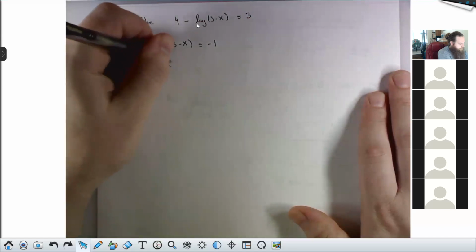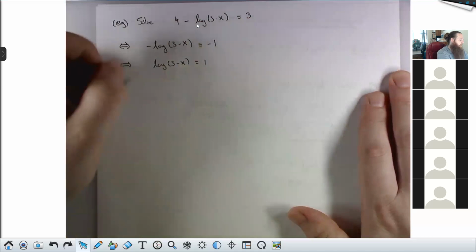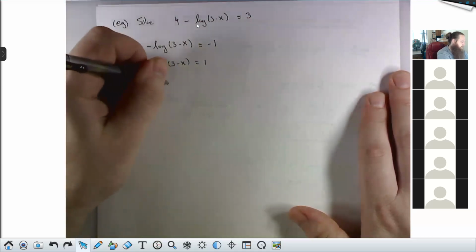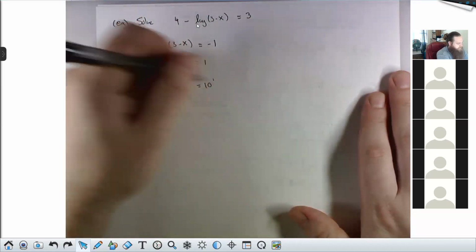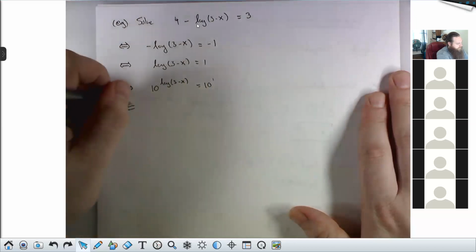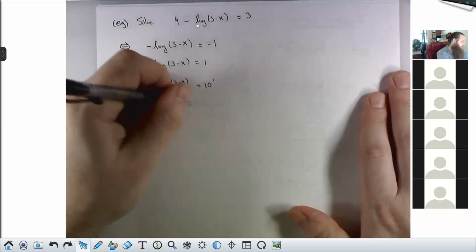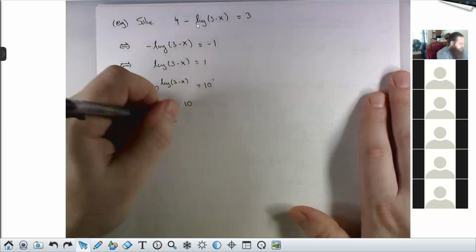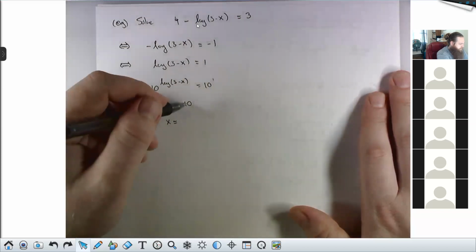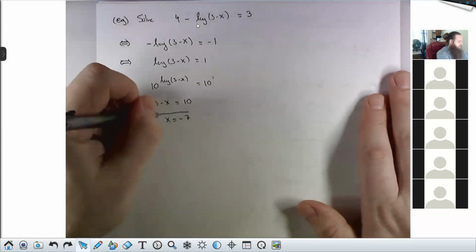So I get log of 3 minus x equals positive 1. And then I'll exponentiate both sides base 10. Now my left-hand side is just 3 minus x. My right-hand side, 10 to the 1, is just 10. So here x is going to be, subtract 3 from both sides, negative 7.